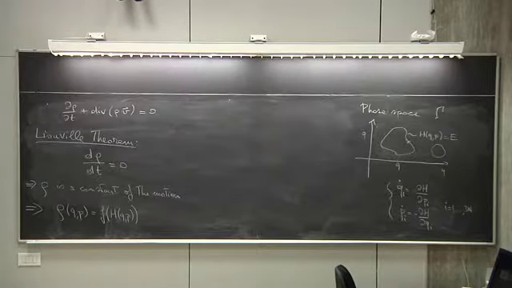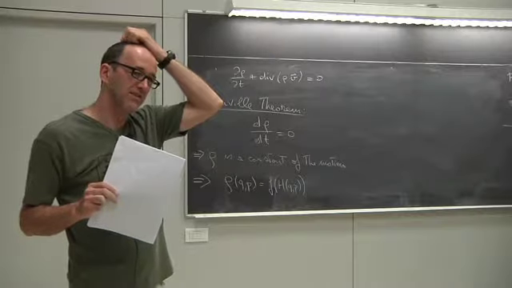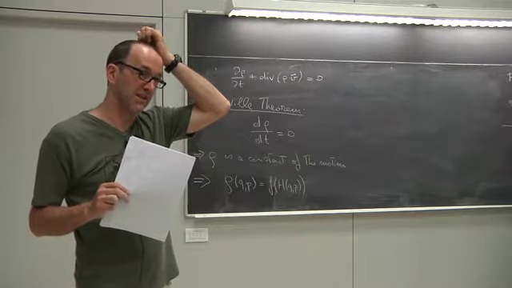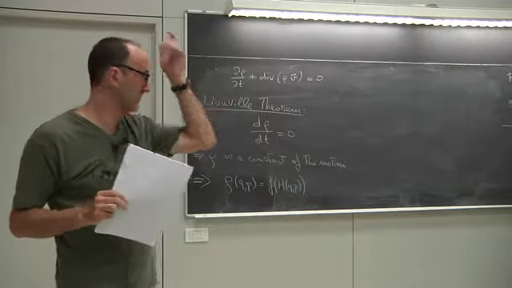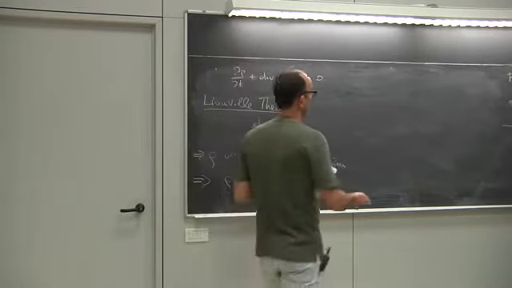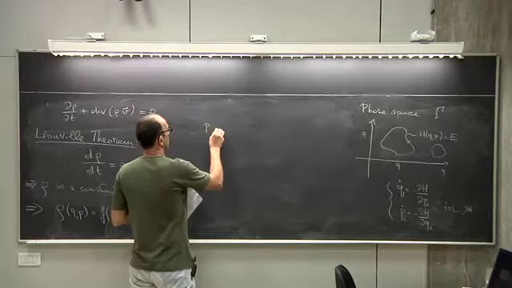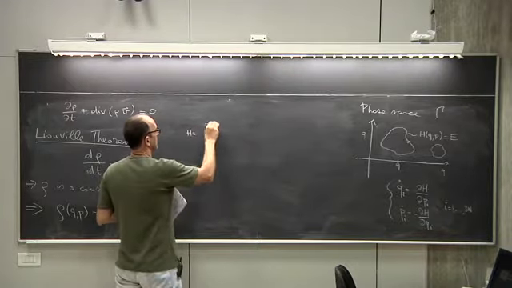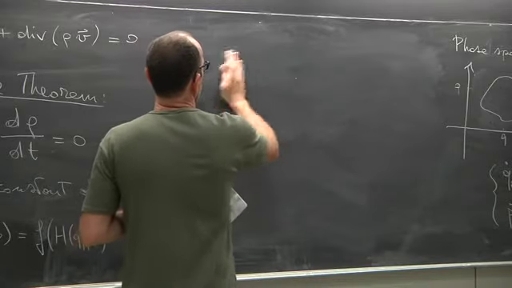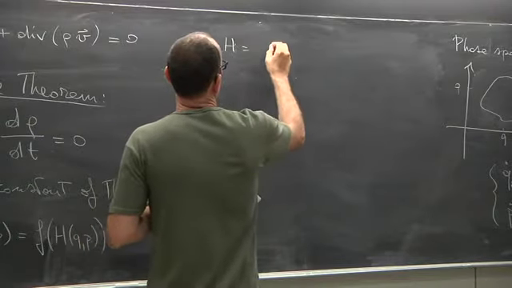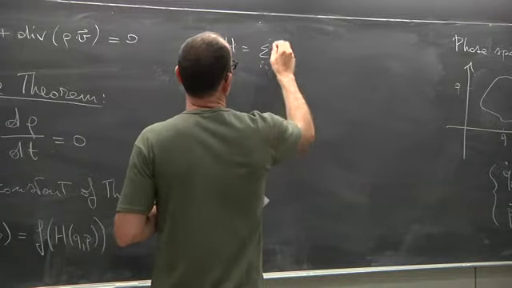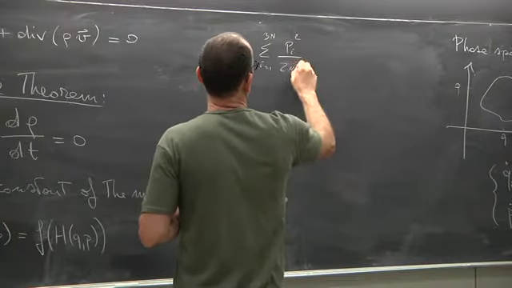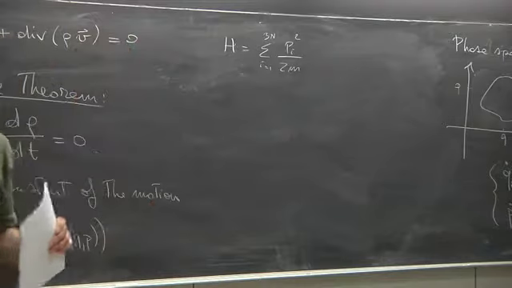So what is the surface? Imagine that you really have an ideal gas. In the ideal gas, the Hamiltonian is just the sum over i from 1 to 3n of p² over 2m.